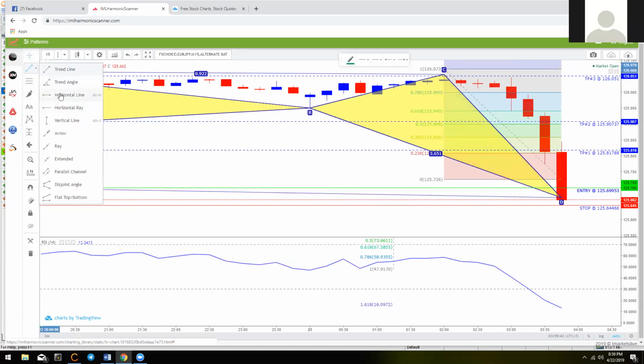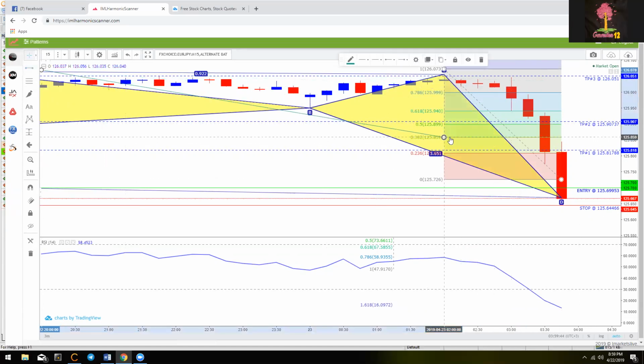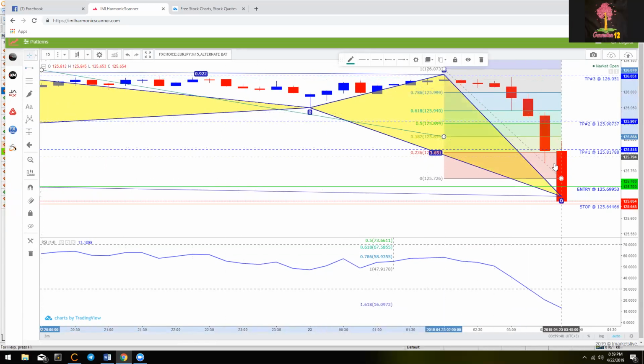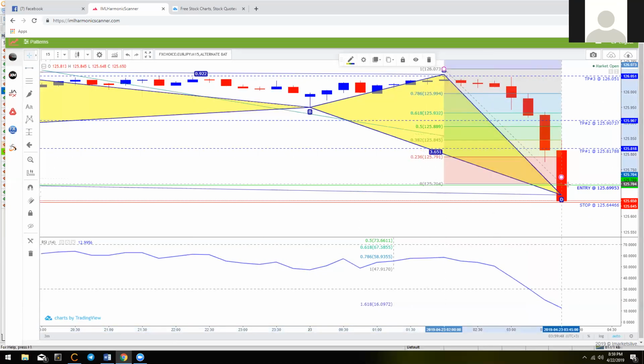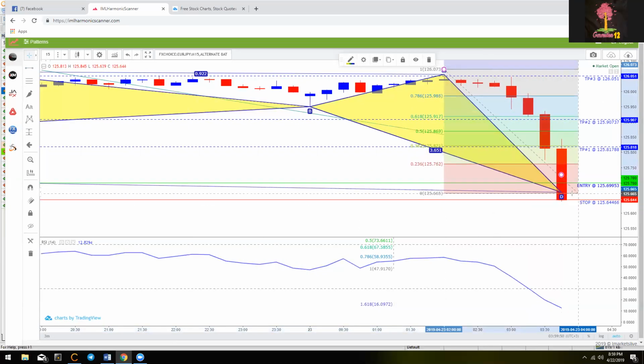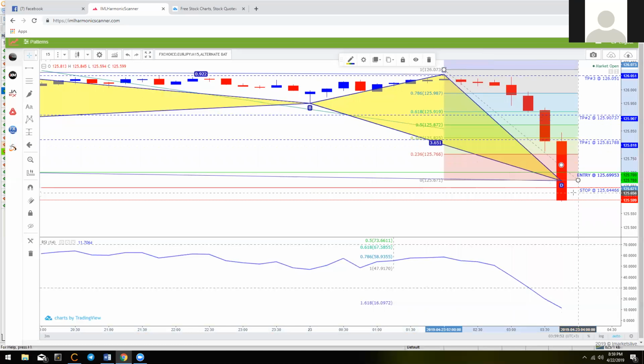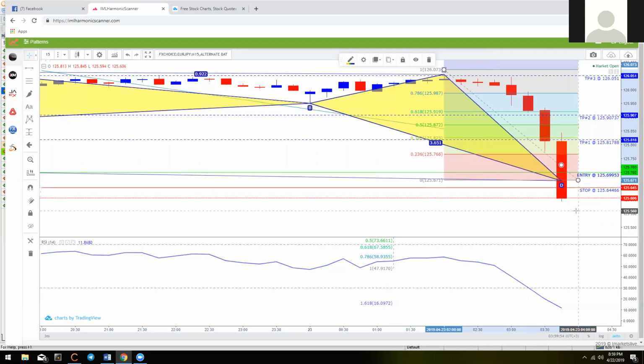So let me ask you this, Christina. In all actuality, would you still wait, even though the fibs is saying, hey, look, yes, it's already activated, you can take your take profit at the 38, but we know that we're going to need a strong bearish candle to be able to push this bearish market?